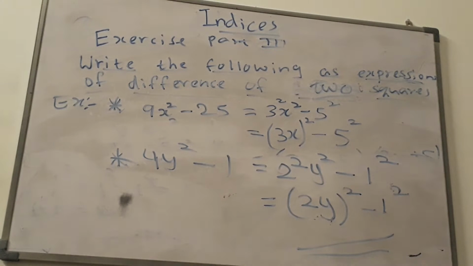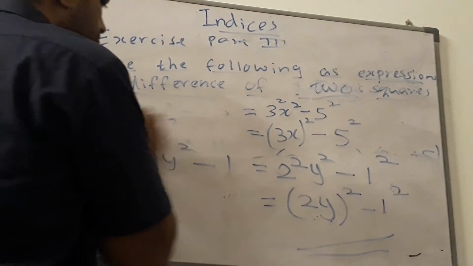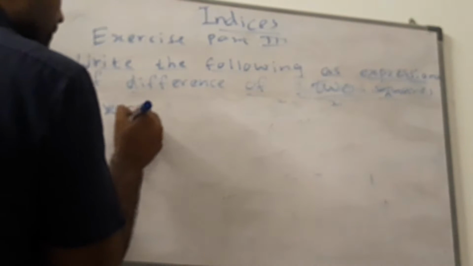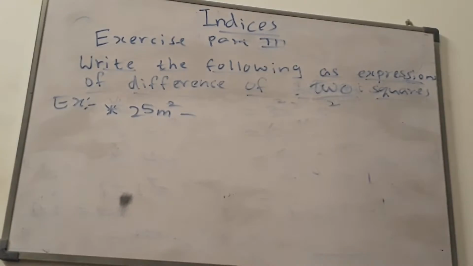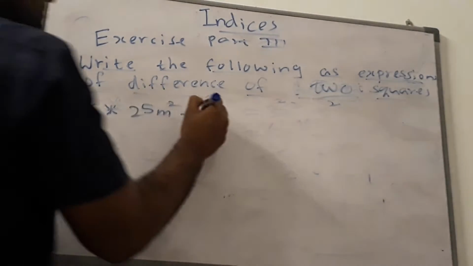And our final example is 25m squared minus 16n squared.